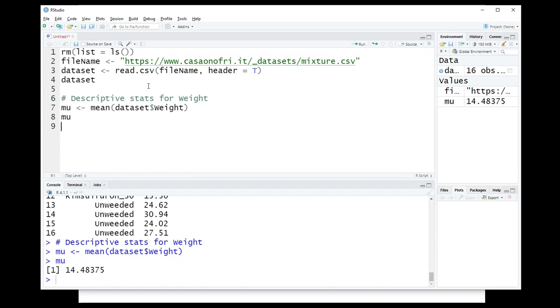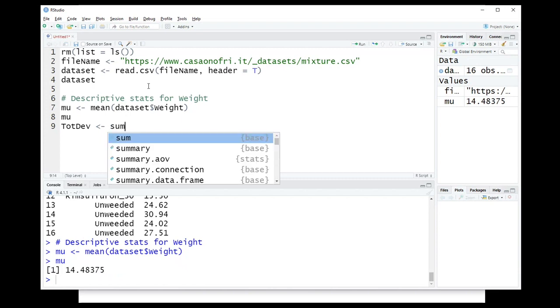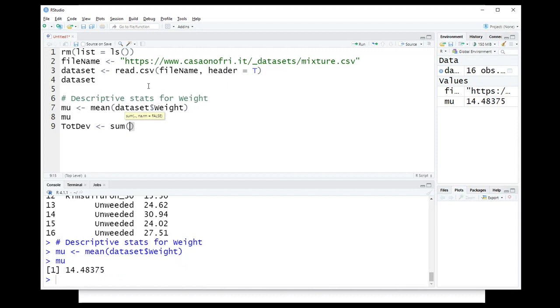Then I want to calculate the standard deviation. But first we calculate the deviance, and then we stop there. I want to call this total deviance, and I'll tell you why in a few seconds. Total deviance, tot dev, that is equal to the sum of squared residuals.